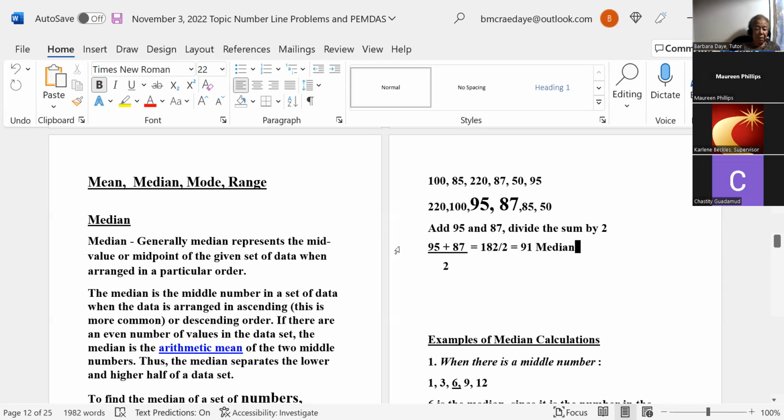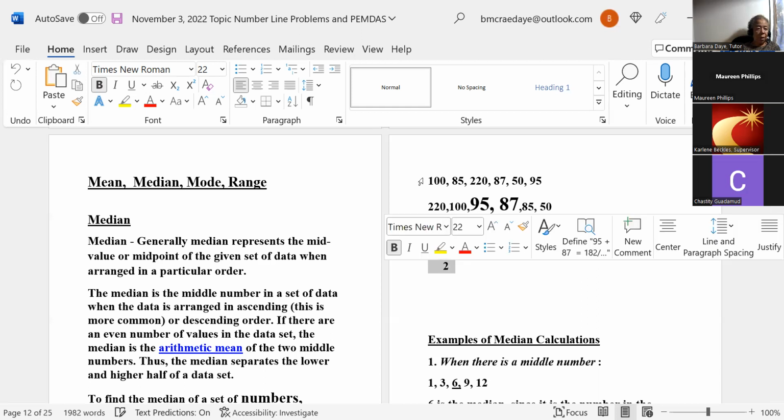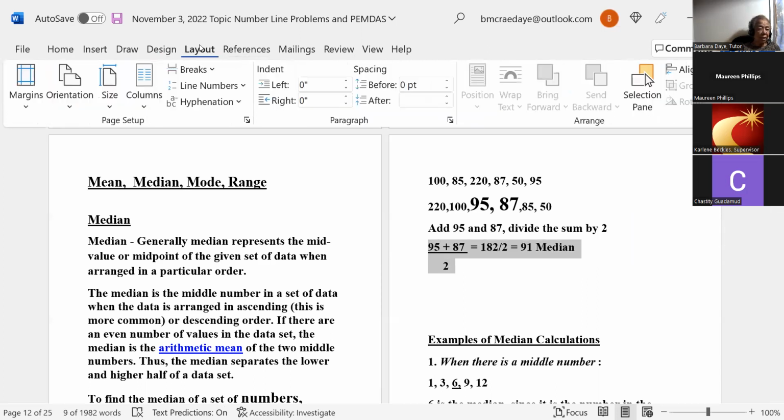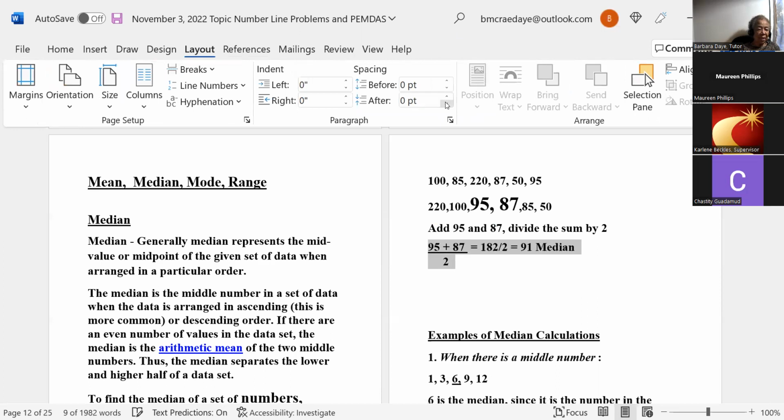All right, let's bring that up a little closer. So that's how you find median. Any questions? No. The main thing is putting them in order.